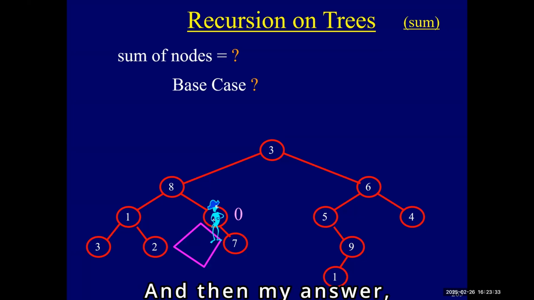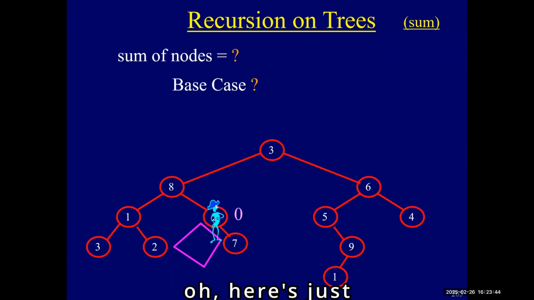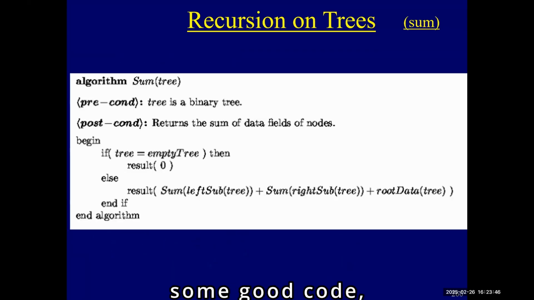And then what's the sum of all the nodes in the empty tree? It's 0. And so then here's just some good code. Everybody kind of, more or less, it's what Jackie was doing. Everybody kind of see it? You just change, you bring in all those weird Java things. Any questions?